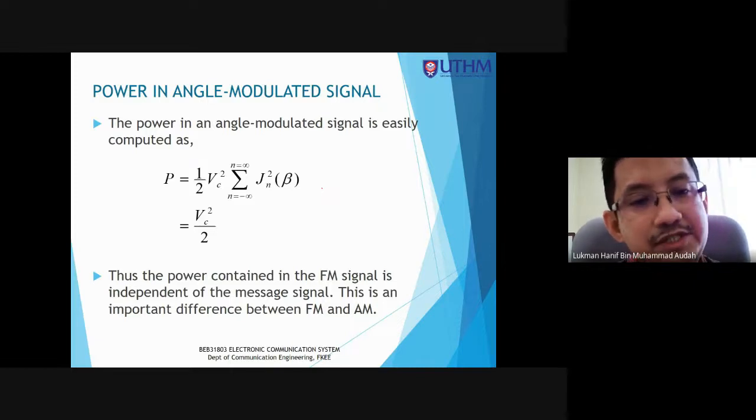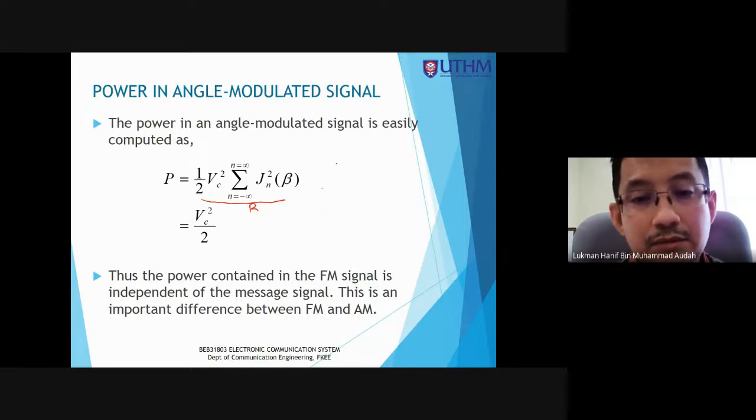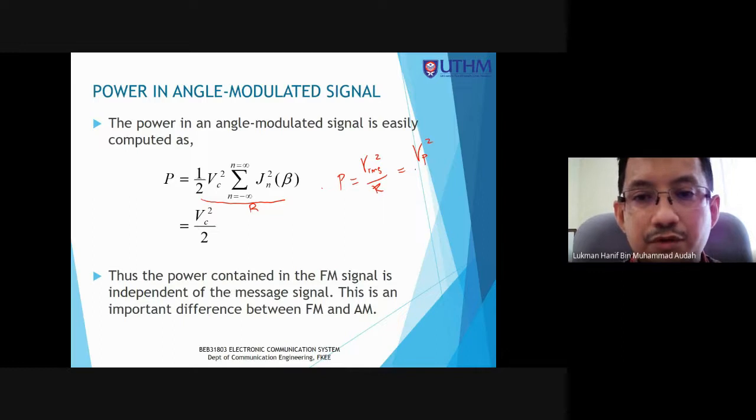Actually, this equation is supposed to be divided by R. Sepatutnya ada R. Again, the equation for power is still the same daripada dulu, kini dan selama-lamanya. So if you remember, VRMS square over R, or you can say that this is V peak square over 2R.